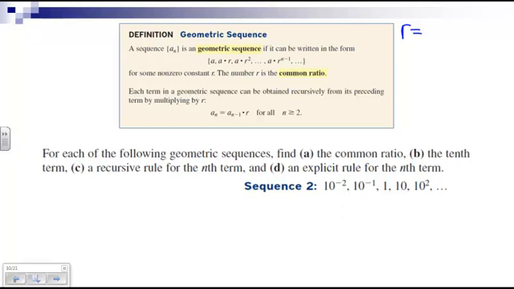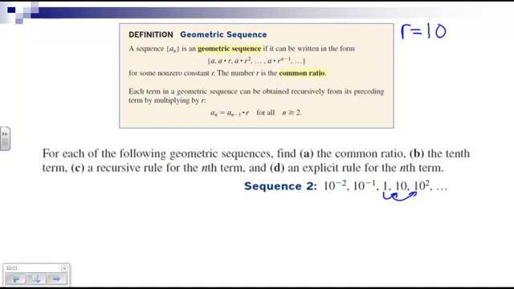What's the R in this case? R is 10. Because if I multiply 10 to the negative 2 by 10, I go to 10 to the negative 1. It's probably easier to see in the later one.